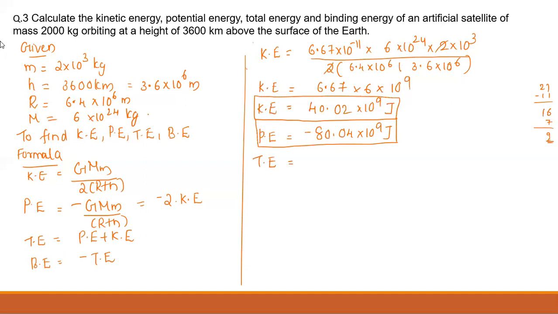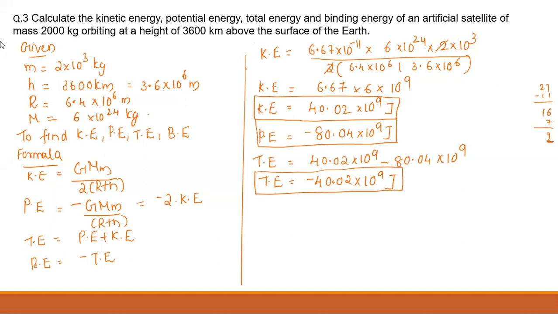Total energy is the sum of kinetic and potential energy, that is 40.02 into 10 raised to 9 minus 80.04 into 10 raised to 9. On subtracting, we will get minus 40.02 into 10 raised to 9 joule. This is the value of total energy.